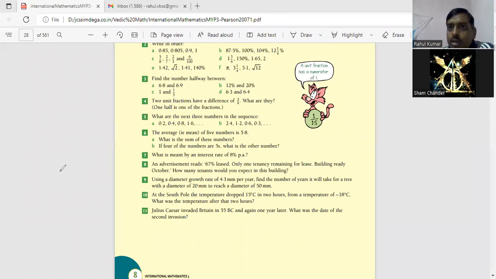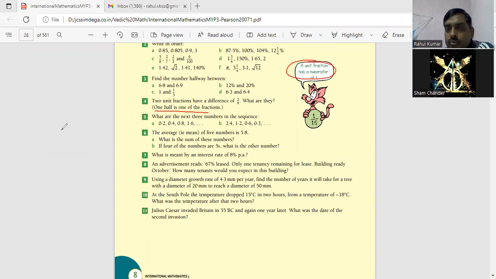Here is the clue given to you. Some clue is also there. And this is another clue. So, meaning we just need to find the denominator.